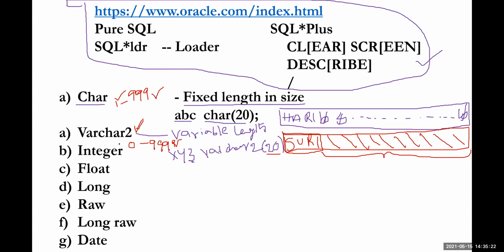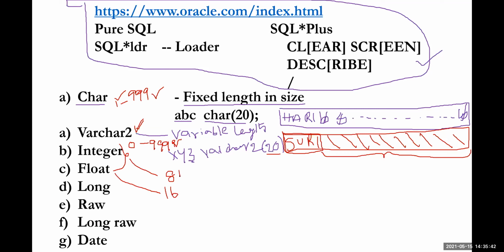Whatever you have learned in other languages such as C, C++, Java or .NET, integers and floats are the same. But here, an integer occupies 8 bytes and a float occupies 16 bytes.